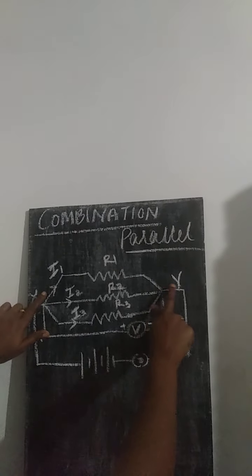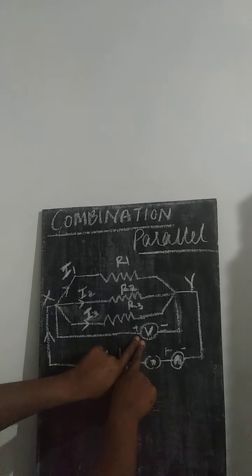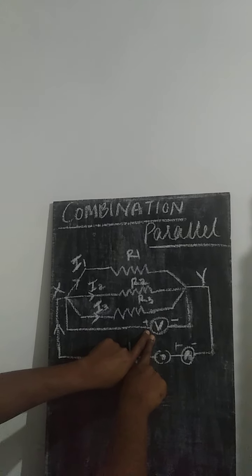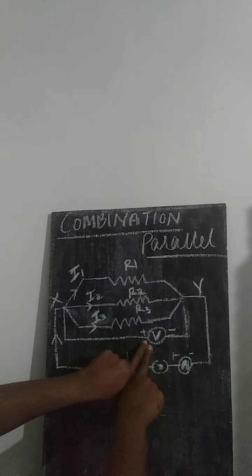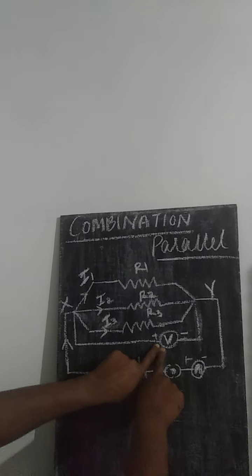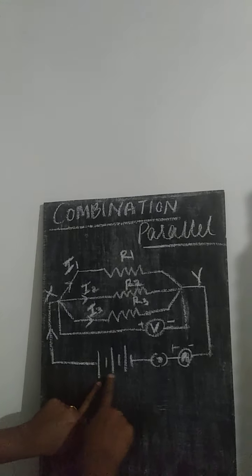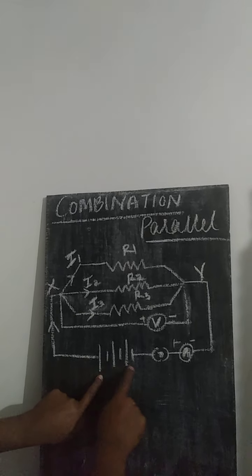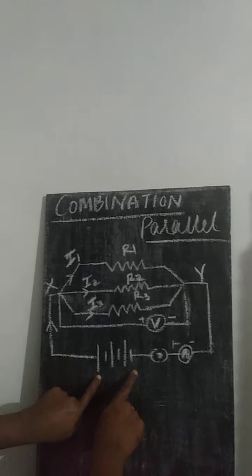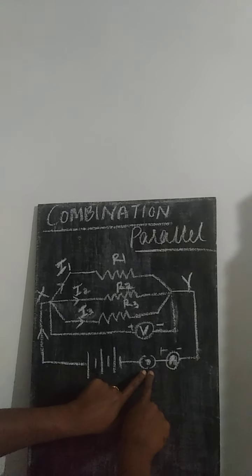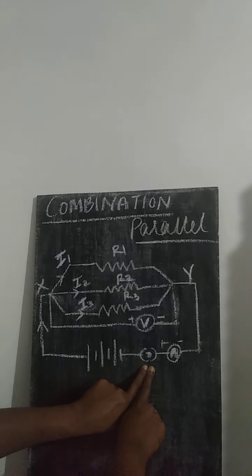And here in the circuit diagram, you can see a voltmeter connected parallel to the resistances across the same junction XY, and a battery consisting of three cells is connected in the circuit. A key is closed.